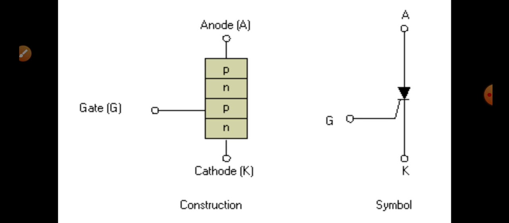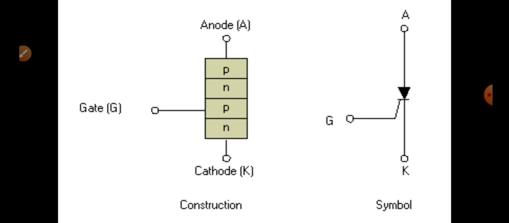How this device works, its structure and its VI characteristics, all these things we will discuss. First of all, we'll move to the structure and the symbol of the silicon controlled rectifier.